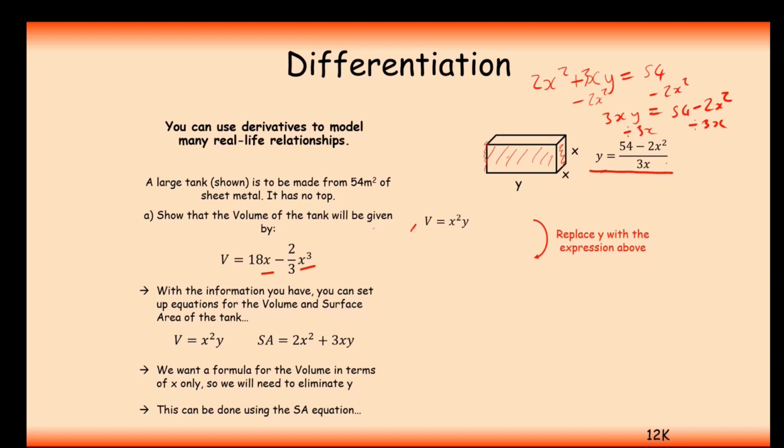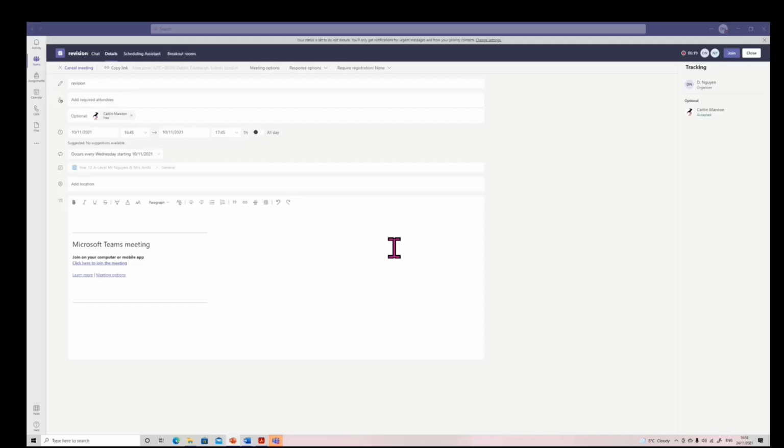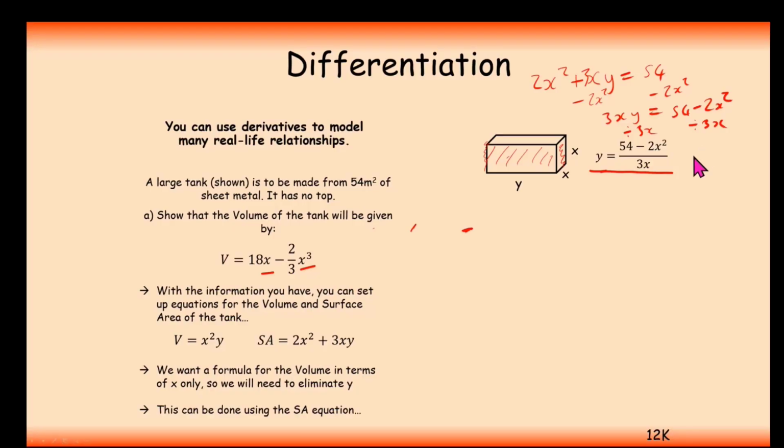Now that we've got y in terms of x, we can substitute this into here. Ooh, why has that disappeared? Okay. So replace y, that becomes like so, and we expand that out.